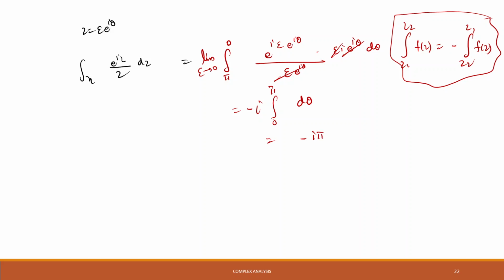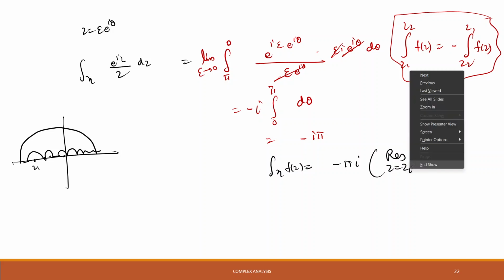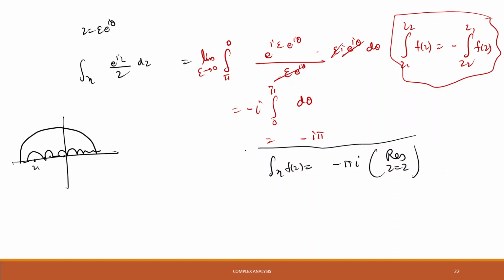So from this you can say that if our function has a number of singularities, say z1, z2, z3, z4, and so on, then you can write the integral over this small gamma as minus pi I times the residue at z equal to zi. This is a formula.